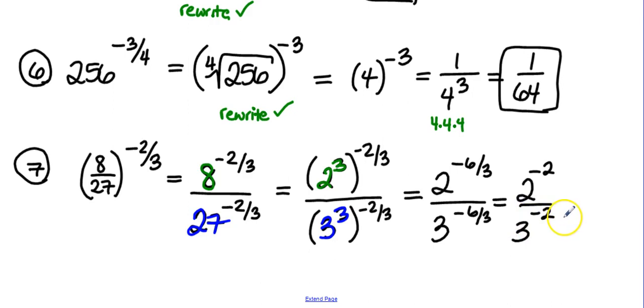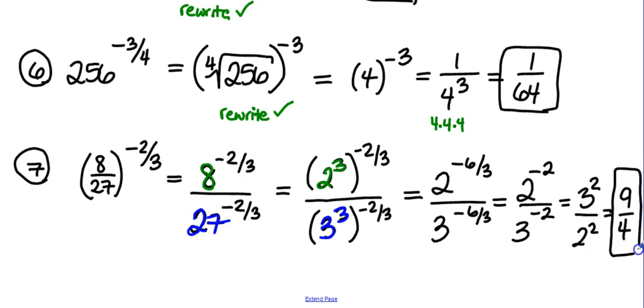We don't want negative exponents, so let's see what we can move. This term will move to the denominator. This term will move to the numerator. So this becomes 3 squared divided by 2 squared, which is 9 fourths.